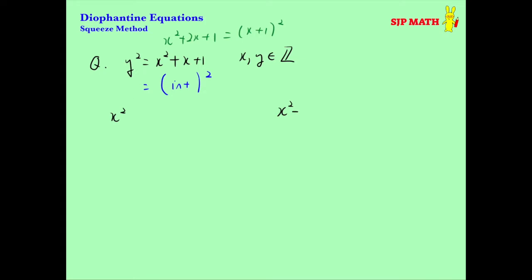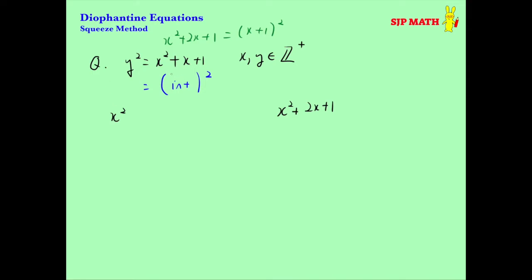Because we then know that x squared plus 2x plus 1 is a square of an integer as well. X and y are positive integers, which means that x squared plus 2x plus 1 must be bigger than x squared plus x plus 1, because if we add x to get this, then this must be bigger. And of course x squared is smaller than x squared plus x plus 1.